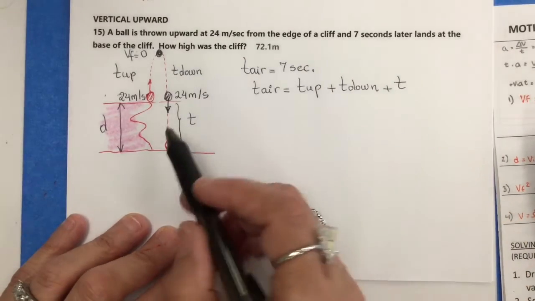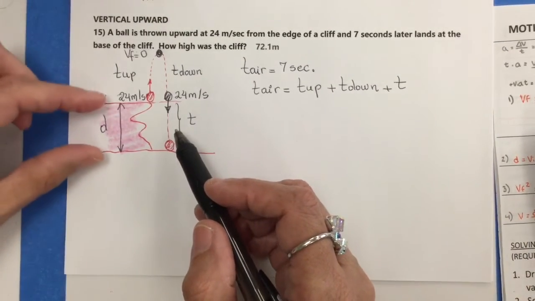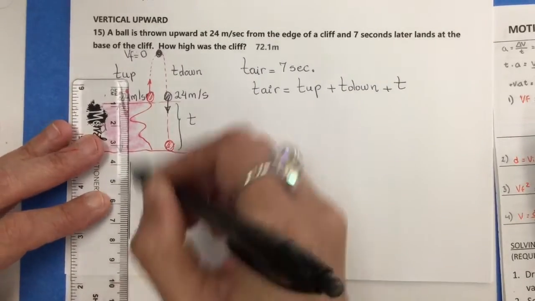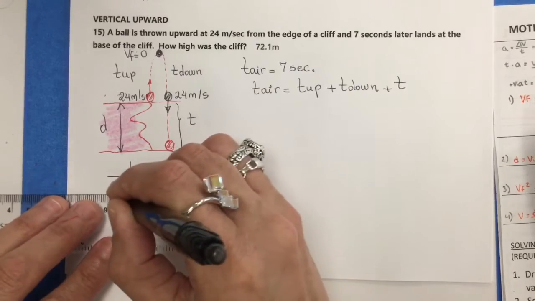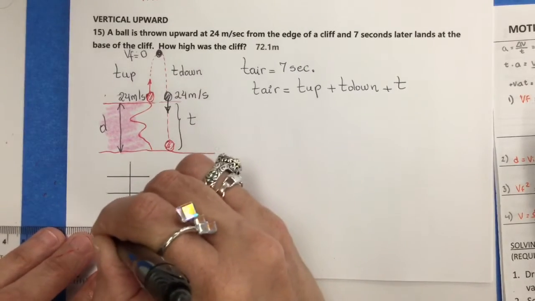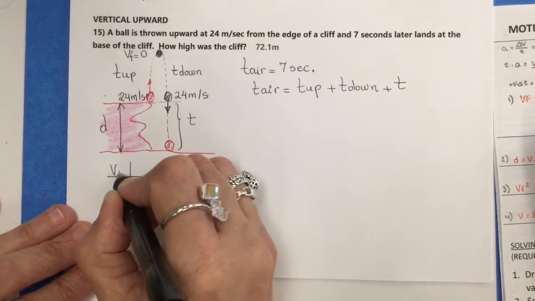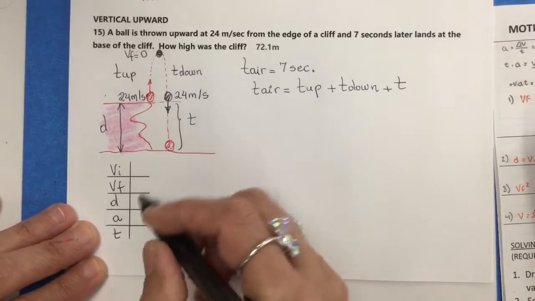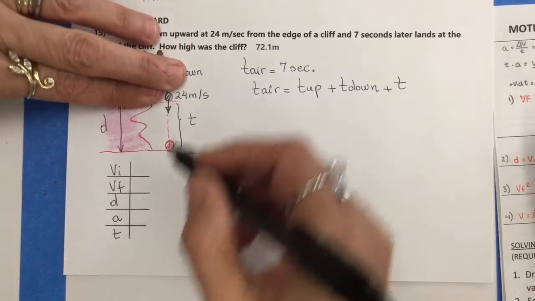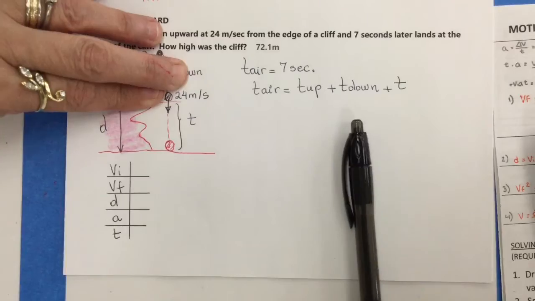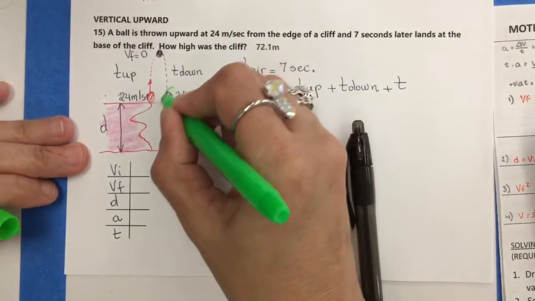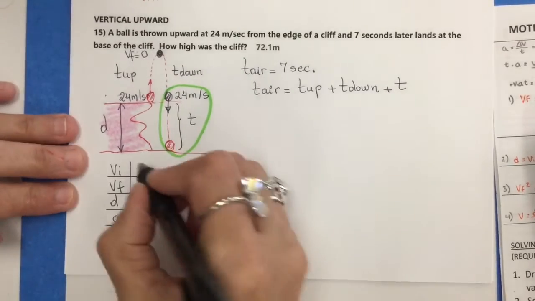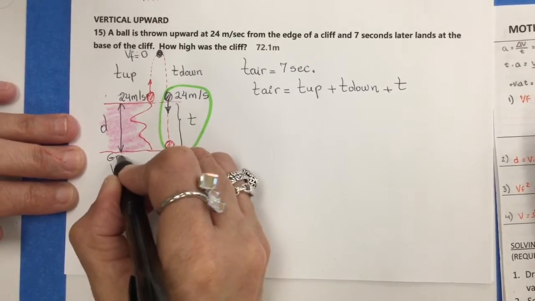Number 1, what do we need to know to find the height of this cliff? So if you build your table, which is VI, VF, D, A, T, let's call this the green section.